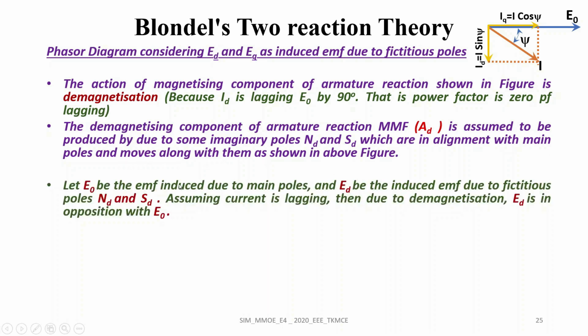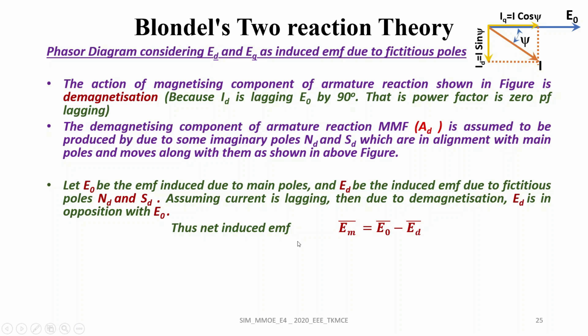Let E0 be the induced EMF without any armature reaction, that is the induced EMF due to the main pole, and ED be the induced EMF due to the fictitious poles ND and SD, that is the voltage drop due to armature reaction along the direct axis. Assuming the current is lagging, then due to demagnetization, ED is in opposition with E0.